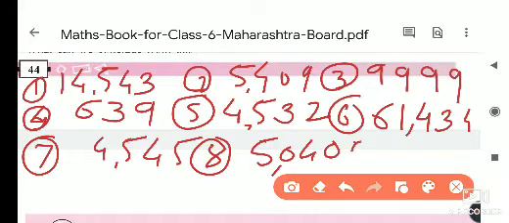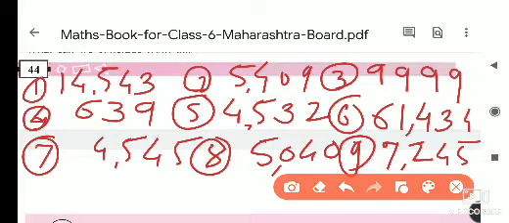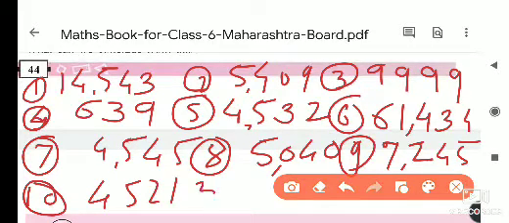The ninth number is 7,200. And we will take here 45. And the last number you have to take is 45,213. Today's homework is this: you have to check whether these numbers are divisible by 9 or not.